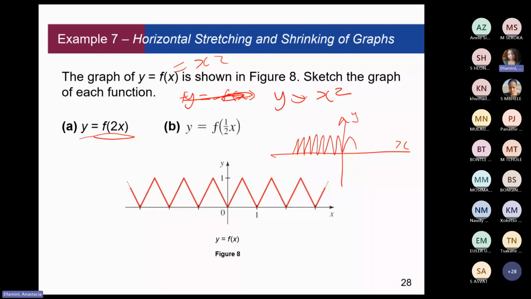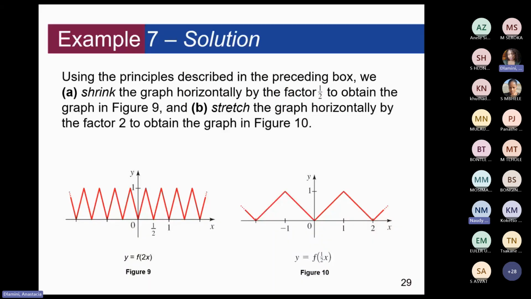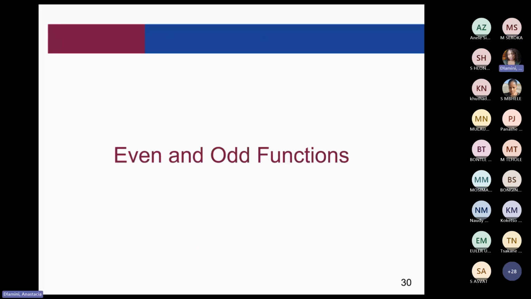If you're stretching it, they'll be wider. If you put your hands here and here and shrink it, you see it makes sense. And if you pull it, it makes sense. Are we together, guys? Yes, ma'am. I'm tired.